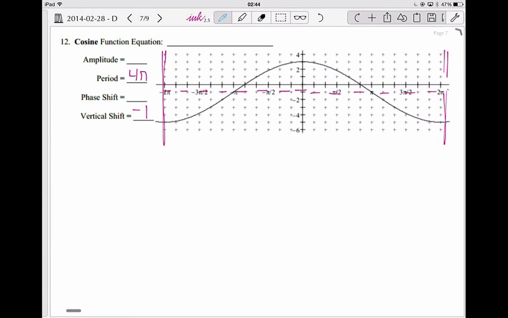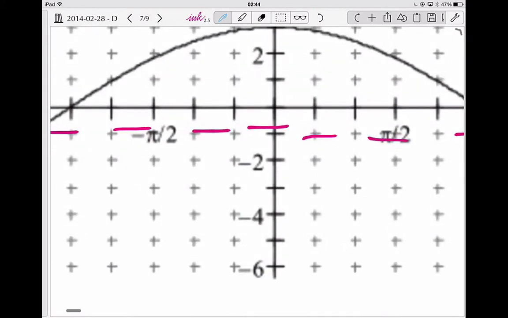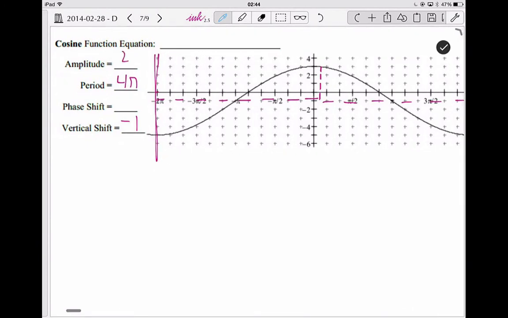First let's do amplitude. 1, 2, 3, 4. My amplitude is 4. Phase shift, well, conveniently enough, cosine starts at 0, 1 and does its wiggle like a droopy mustache.